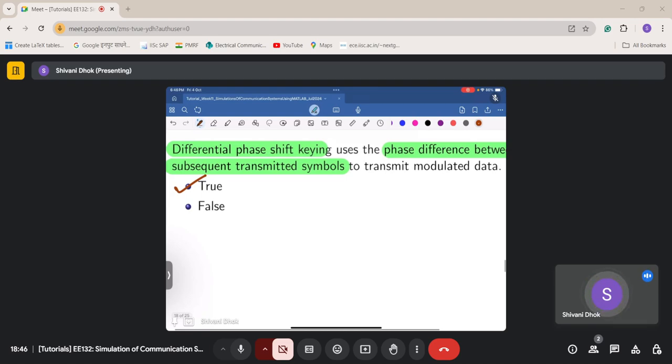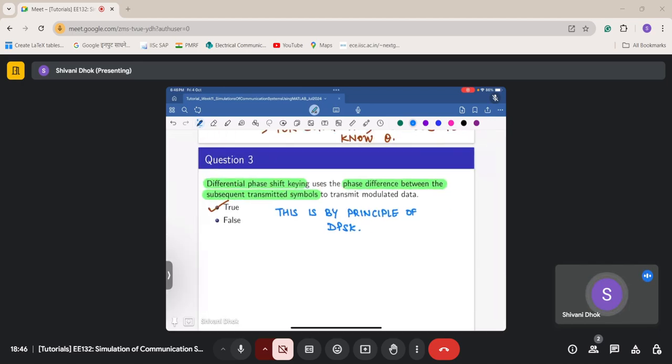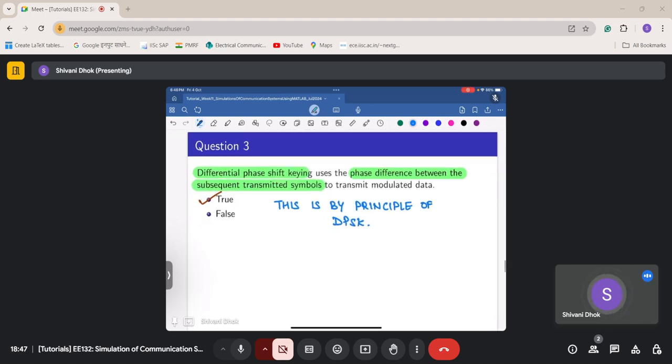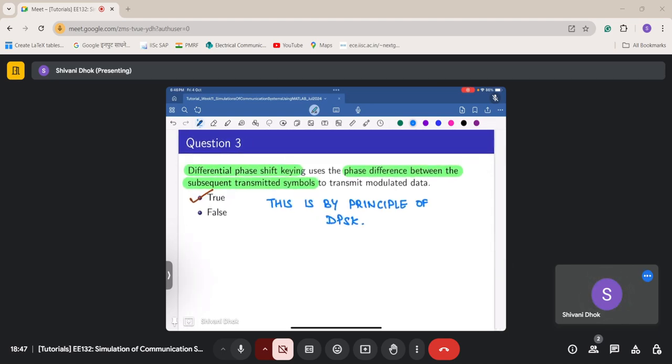This is by principle of DPSK. We have seen some example earlier, and we'll see some more examples in the coming questions.